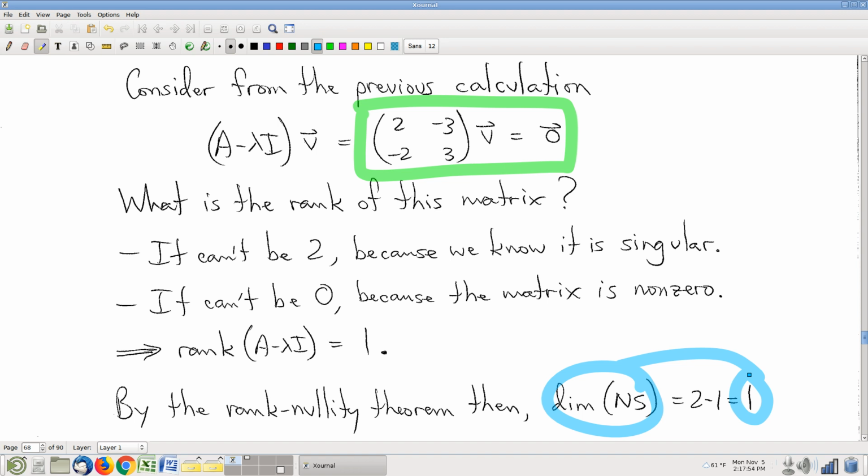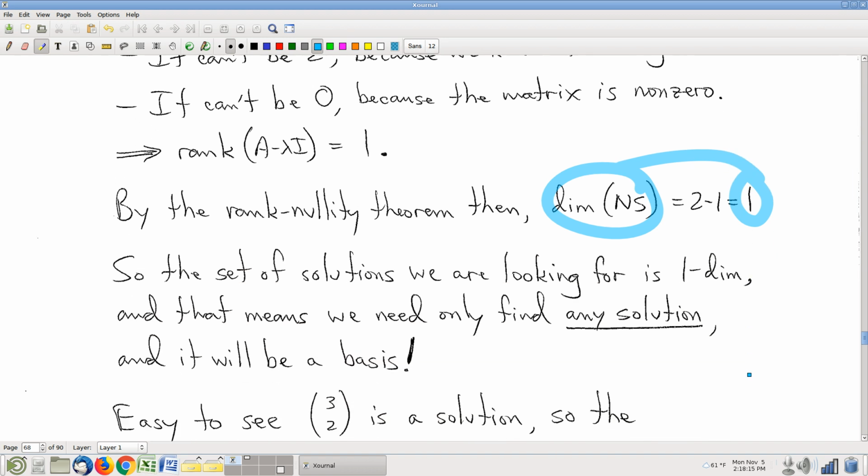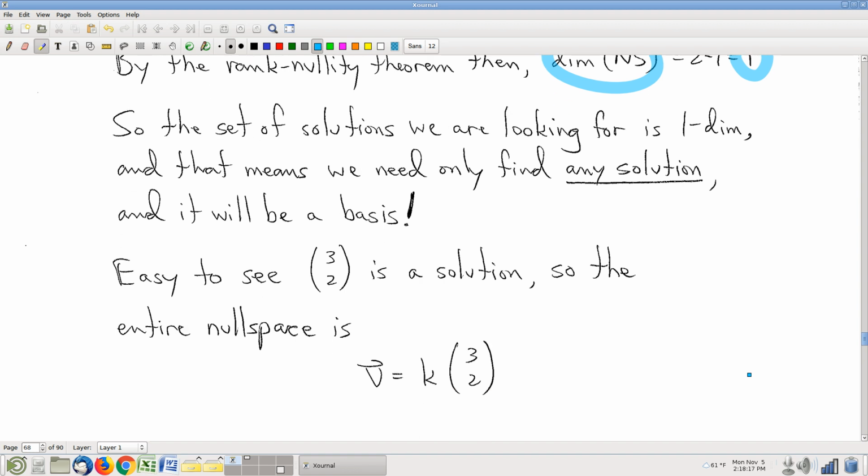For example, if you have a one-dimensional vector space, any non-zero vector is a basis. Easy fact about one-dimensional vector spaces. So the fact that I can conclude the null space is one-dimensional boils this question of finding the null space down to just finding any vector.